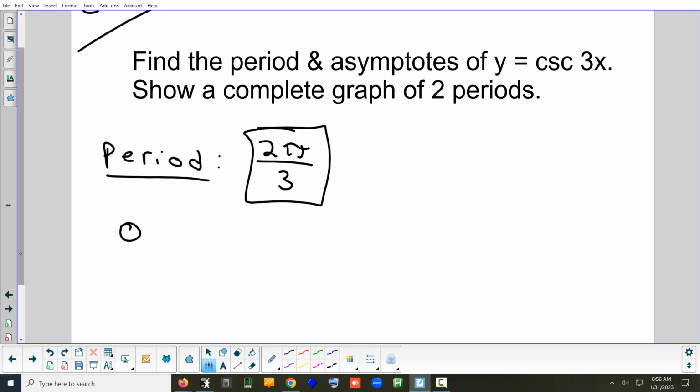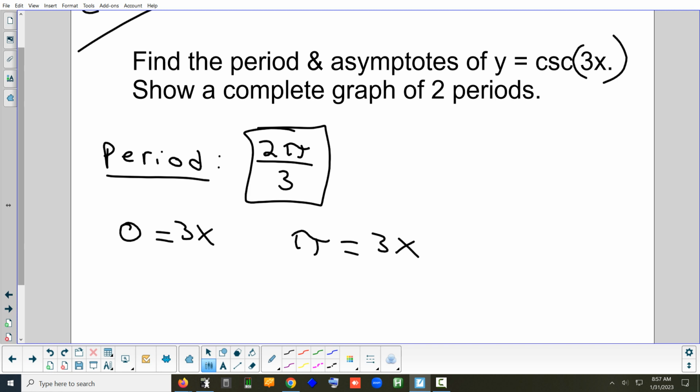So that's the original. Set them equal to the argument. What's the argument in cosecant 3x? 3x. Yep. It's the entire thing if you imagine parentheses around it.